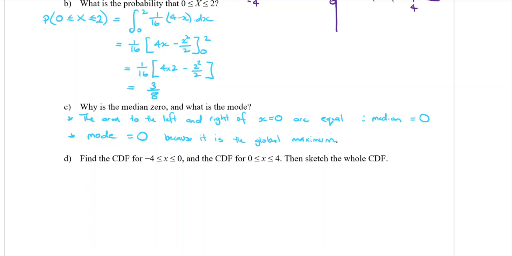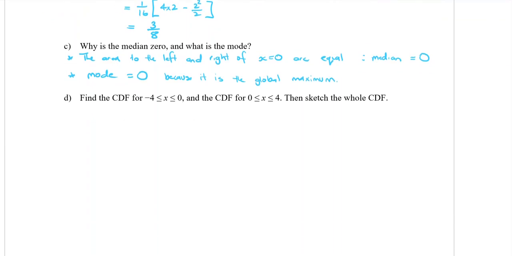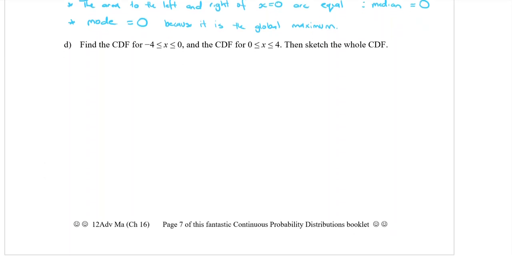All right, part C. Find the CDF between -4 and 0 and between 0 and 4 and sketch the whole graph. Put it all together, basically, at the end. All right, we're going to call this capital F of 1, the first one, and the second one.